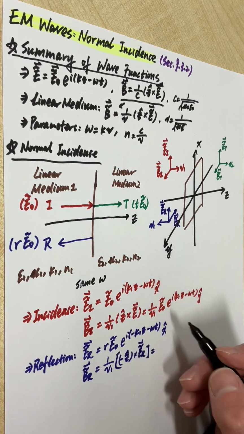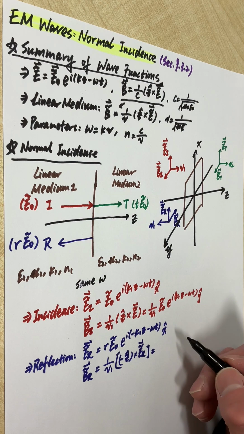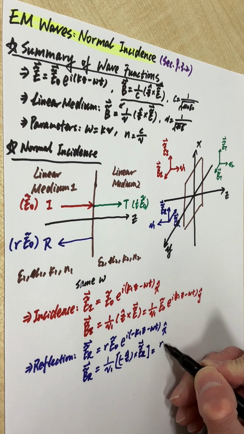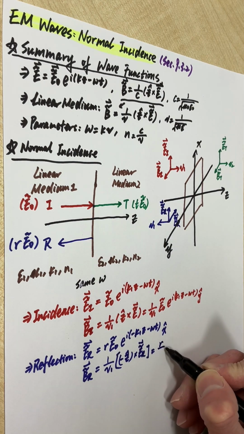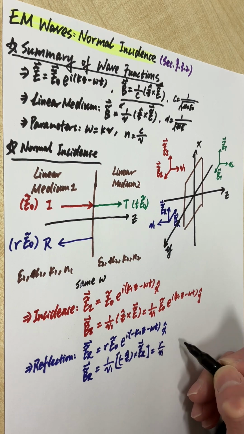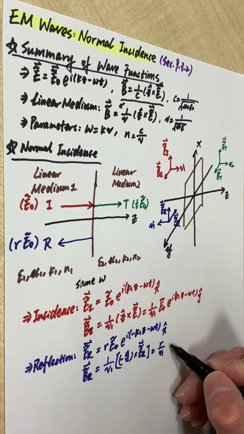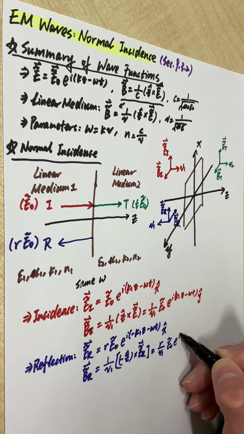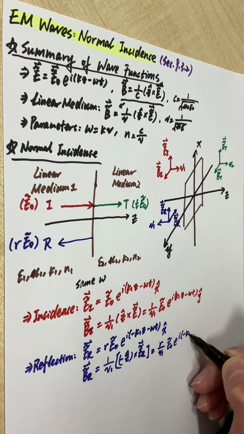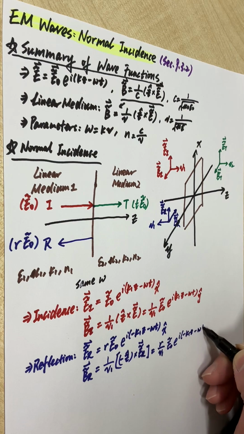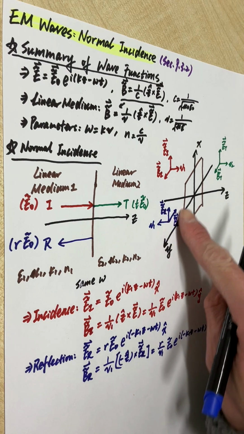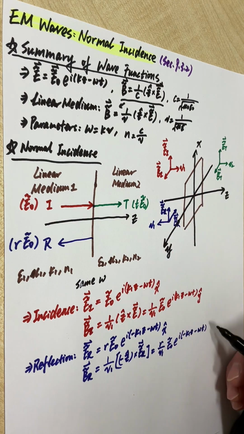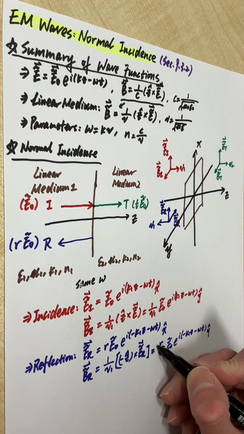This equals R divided by V1 times E0, the magnitude, and then the propagation function e to the i minus kappa 1 Z minus omega t. And the direction is the negative y direction, so I have y, and here I have a negative.